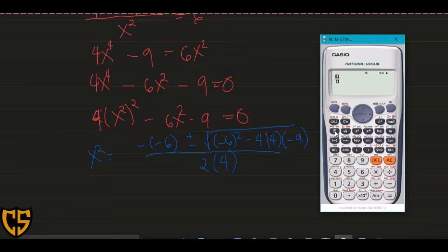We have 6 plus the square root of 36 plus 4 times 4 times 9, divided by 2 times 4.